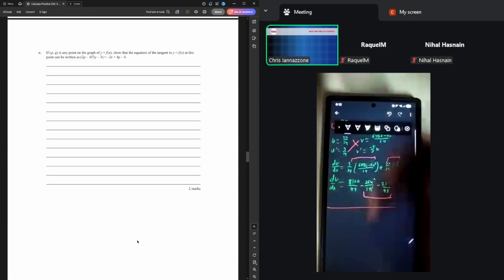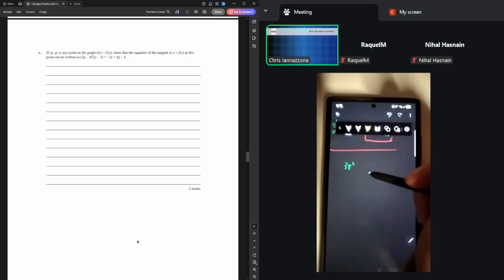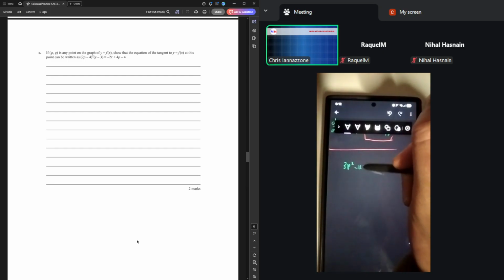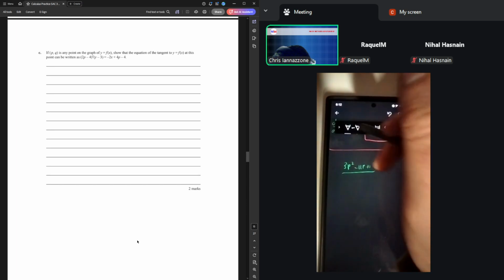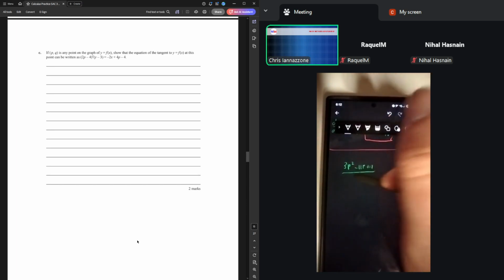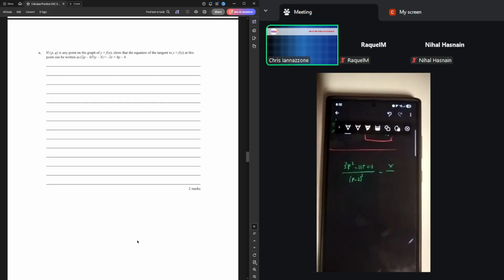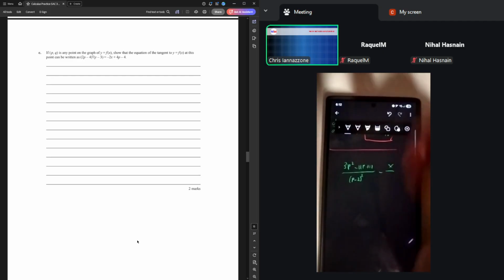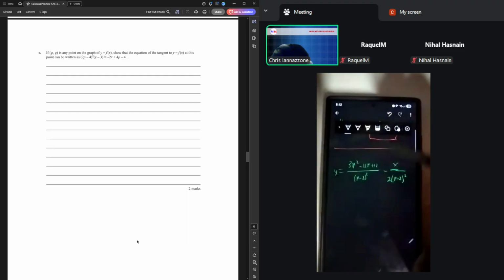So we got (3p squared minus 11p plus 11) all on 2 (p take 2) all squared, minus x on 2 (p take 2) all squared, and all of that is equal to y.